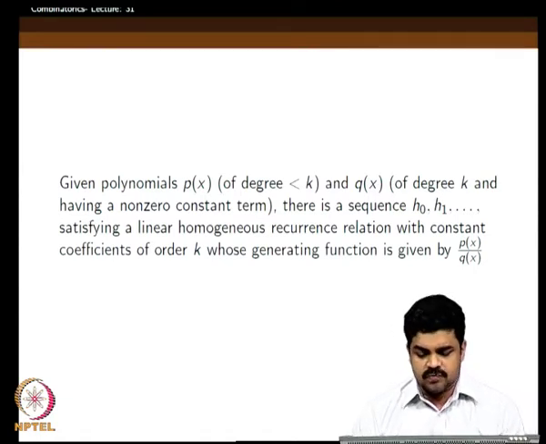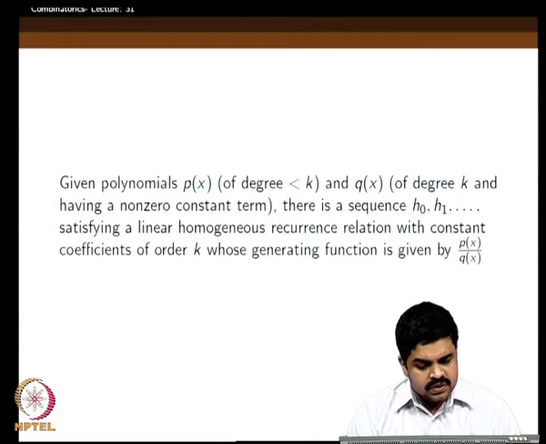Now, we will show that the converse is also true.